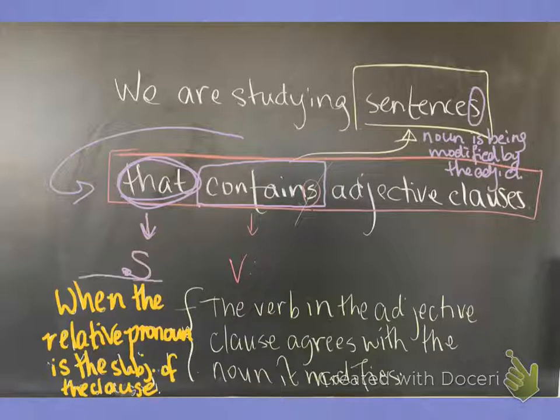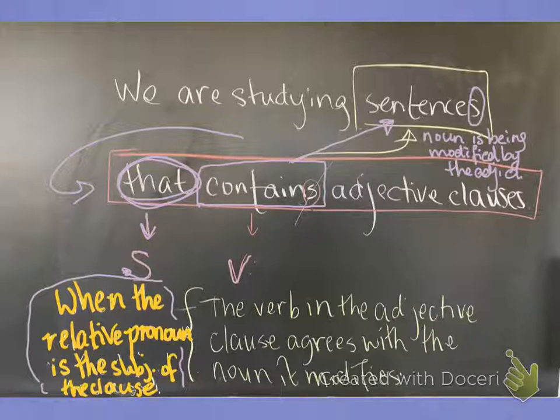You have to make sure, and this was the part that I wrote really low on the board so that Megumi and Jang probably couldn't see it at all, I'm sorry about that, that the verb in the adjective clause needs to agree with the noun that it's modifying.